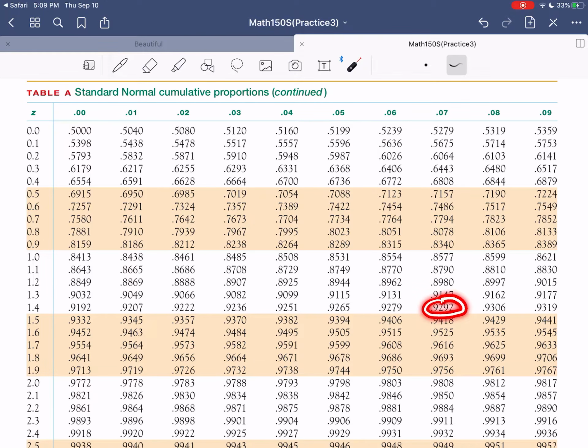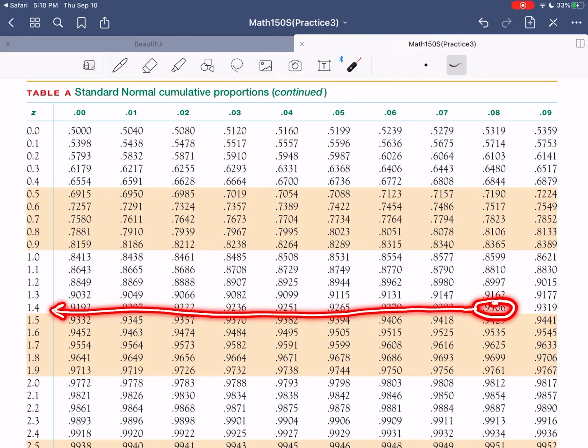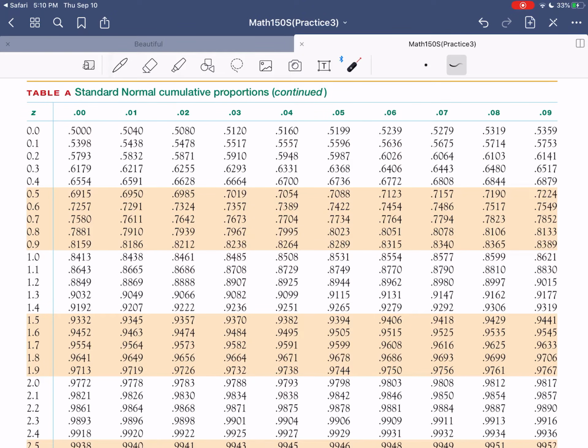There's 0.9292. There's 0.9306. So 0.93 should be right there. Technically, 0.9306 is a little bit closer, so we want to use this one. Notice if we go out from there, we get 1.4 and 0.08. So the z-score should be 1.48 here.